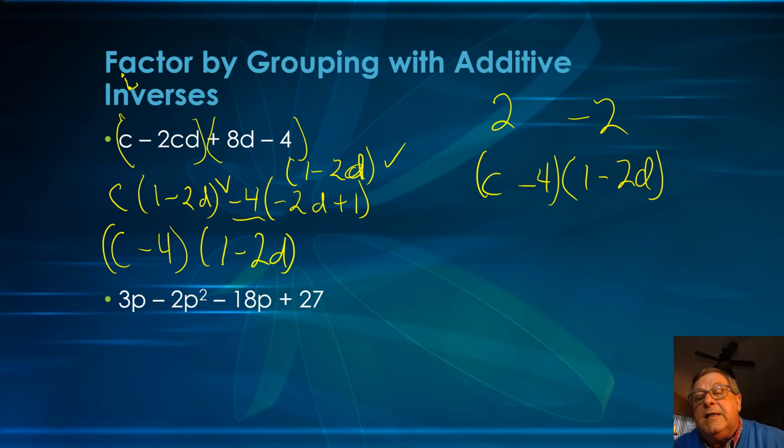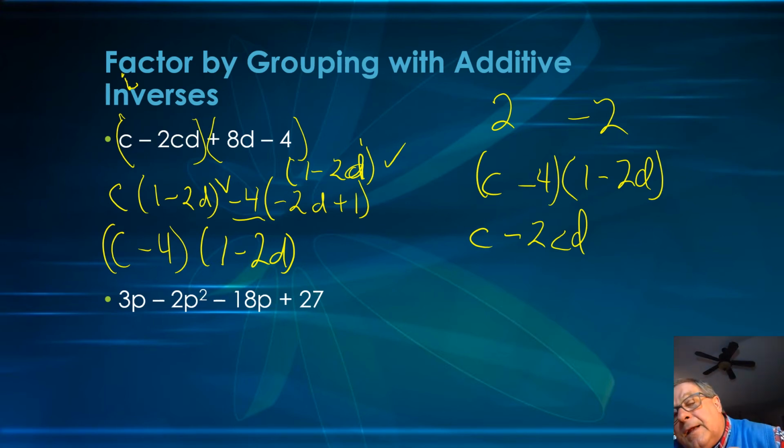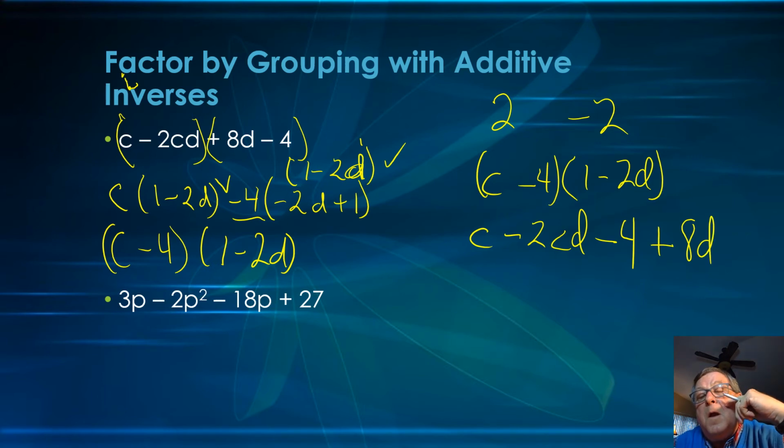FOIL first: c times 1 is c. c times -2d is -2cd. -4 times 1 is -4. And -4 times -2d is 8d.